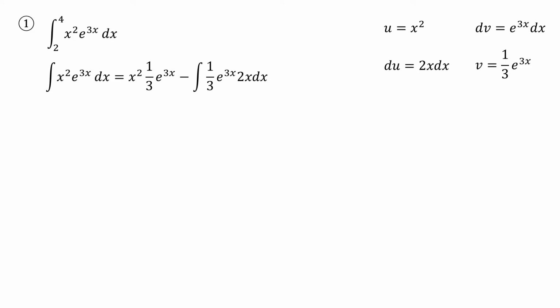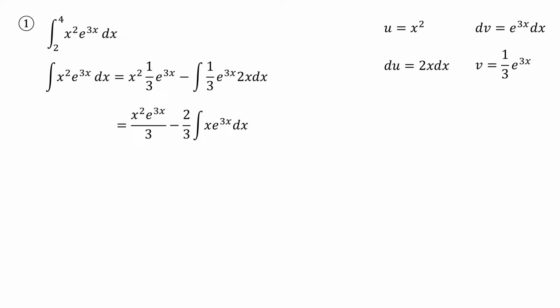So for our integral, notice I've taken off the limits. I've taken off the 2 and 4. I'm just looking at the integral itself, and then we'll put the limits back in later. So the integral is equal to u times v, subtract the integral of v du. How am I going to integrate that? Okay, well, first I did a little bit of rewriting.